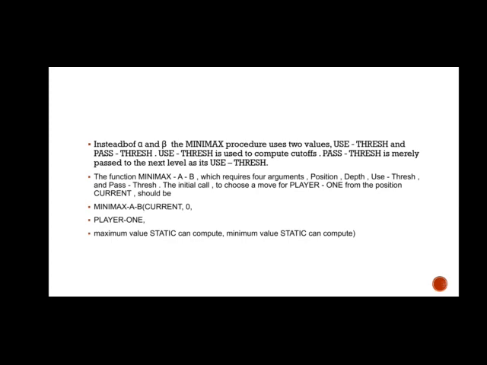So the initial call to choose a move for player 1 can be given as minimax AB, current, 0, player 1, maximum value static and update, minimum value static and update. This is the process of defining the minimax function.